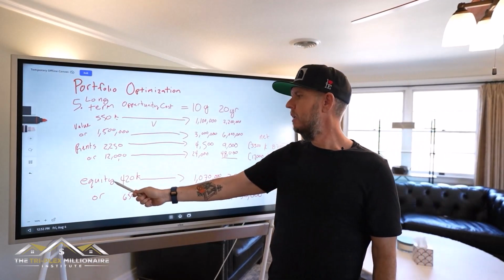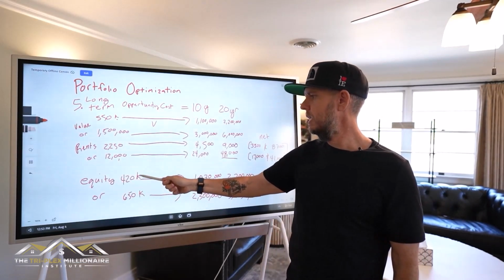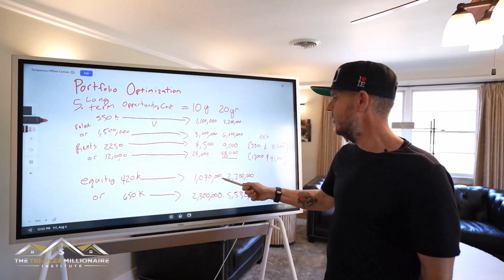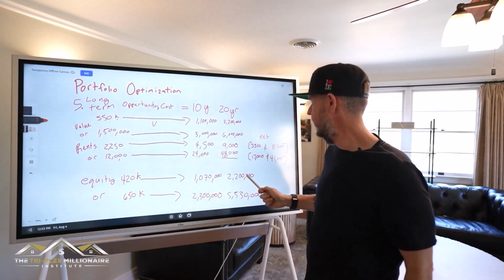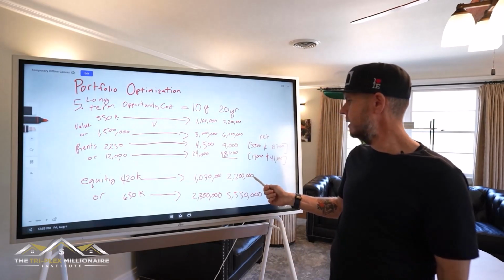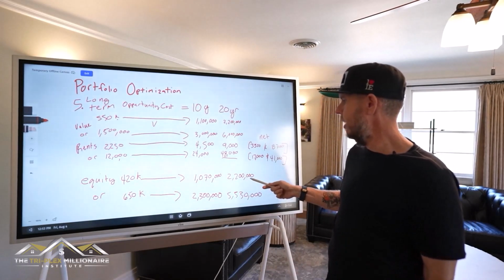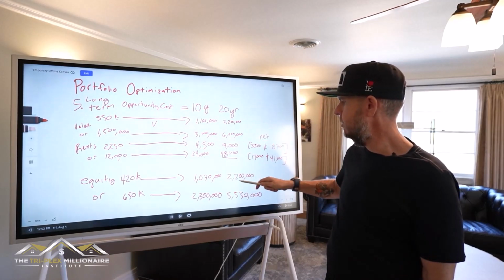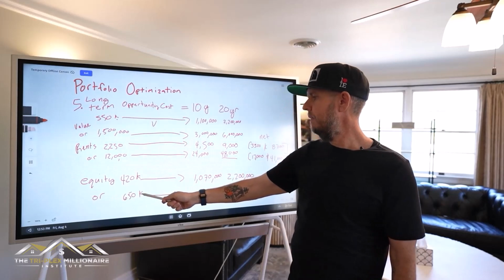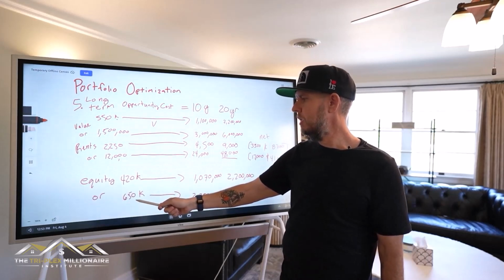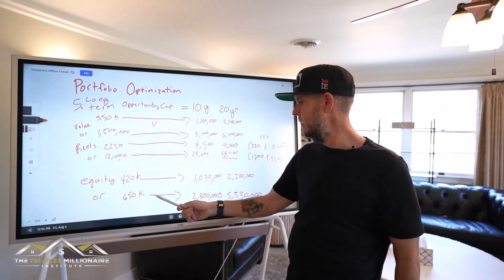And then equity. Let's look at what the value is. $420,000 in equity today. That's $1,070,000 in 10 years from now if they just hang out. $2.2 million in equity because they've paid off the mortgage in 20 years from now at that point. So 2.2 value, 2.2 in equity. Or if they make this current switch, they're going to go from 420 to 650 because they've added value to their properties.